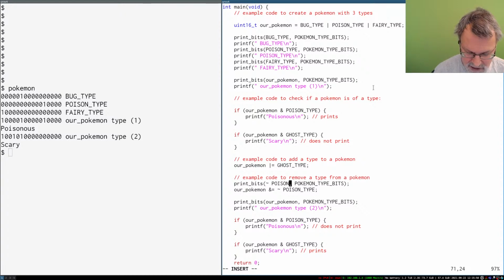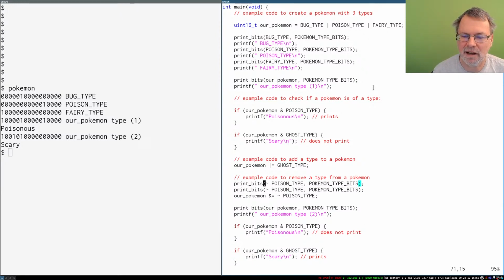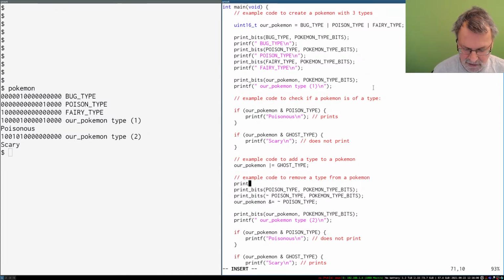Assuming I can type, I can print this stuff out. I could do it with a print. Print bits gives me binary. If you're comfortable with hexadecimal, you could just print it in hexadecimal. Let's even put a string in here to say I'm debugging. All right. Let's try this time for sure.